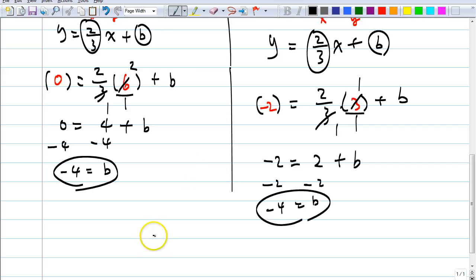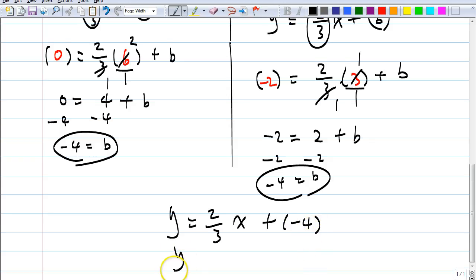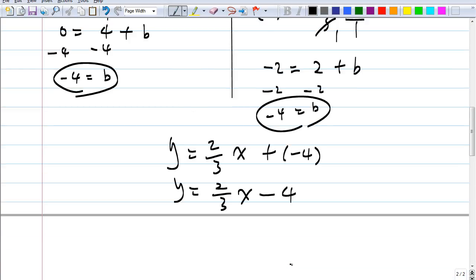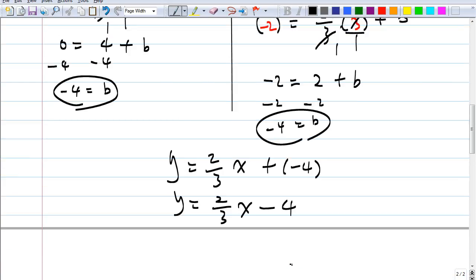Y equals 2/3 x plus -4. Excellent. Can I just write -4? Is that okay? Plus -4. Okay, and of course you don't normally write it this way.